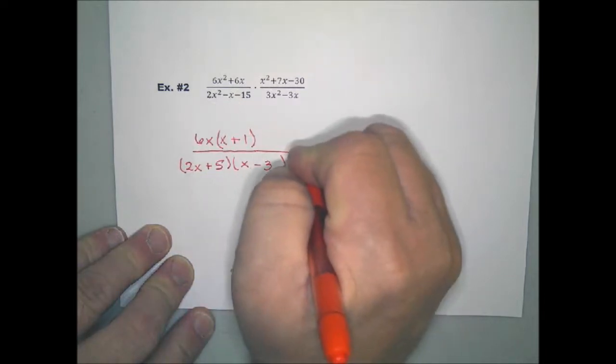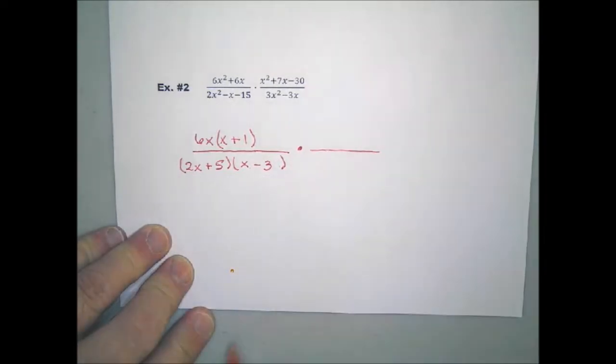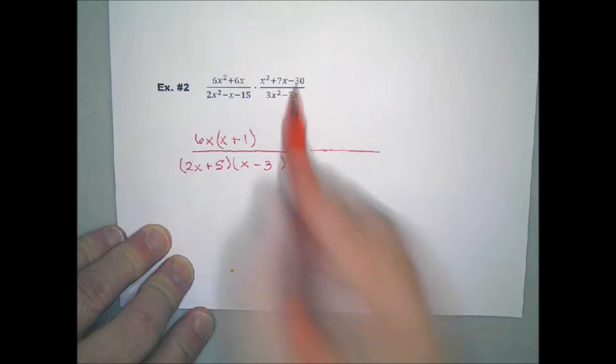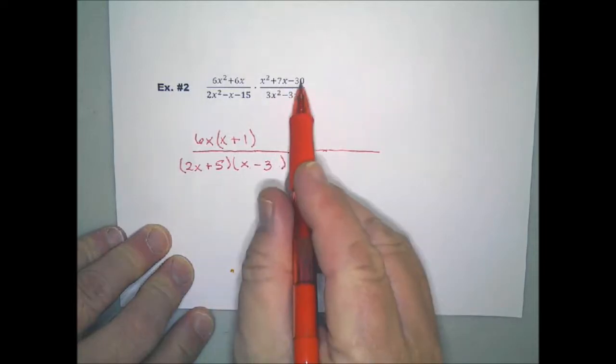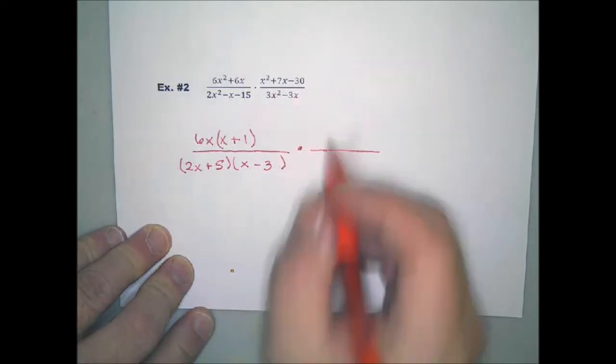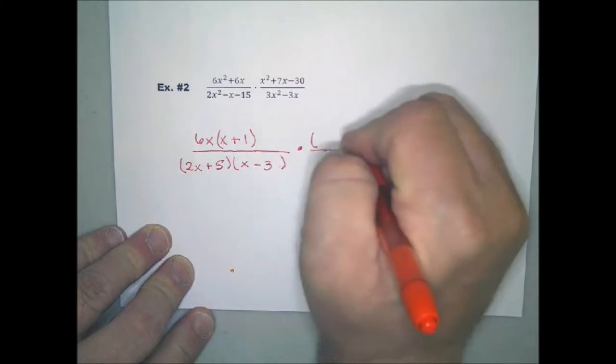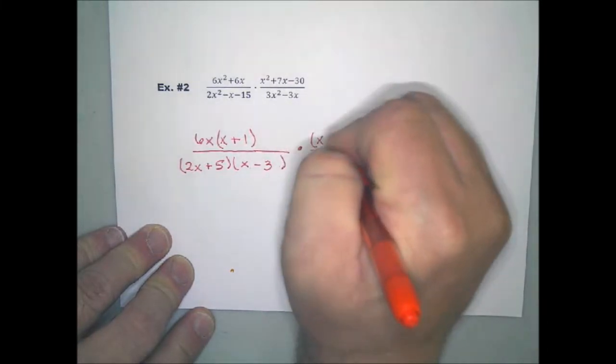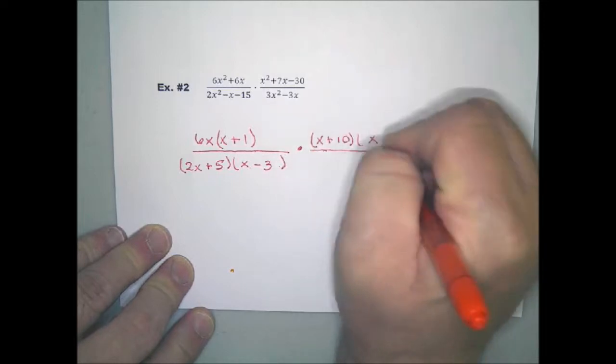Now, moving on to the second fraction. x squared plus 7x minus 30. Factors of negative 30 that add up to positive 7 are x plus 10 and x minus 3.